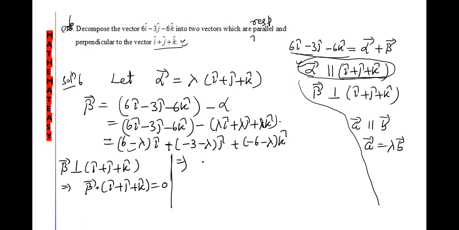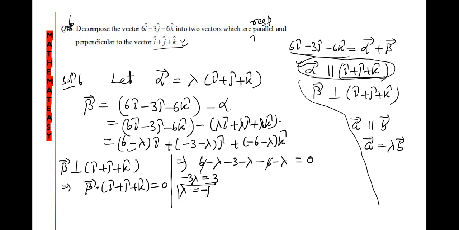So it means 6 minus lambda, minus 3 minus lambda, minus 6 minus lambda equal to 0. So you are getting 6 minus 6 cancelled, minus 3 lambda equal to 3, lambda equal to minus 1.